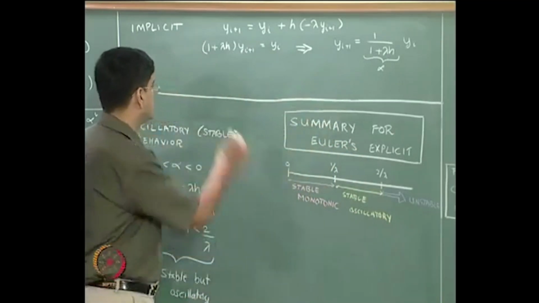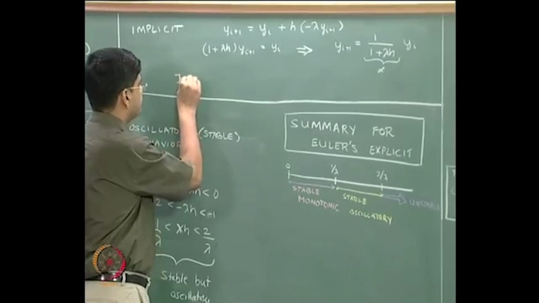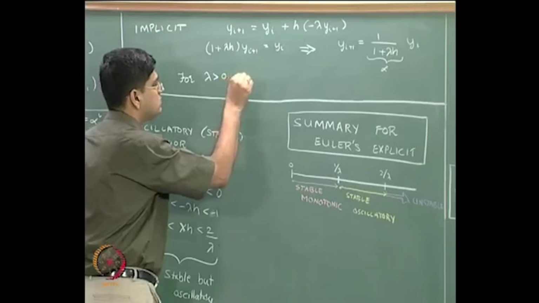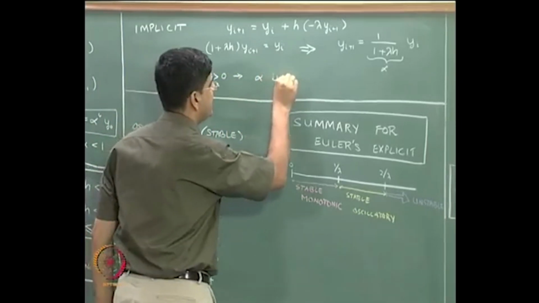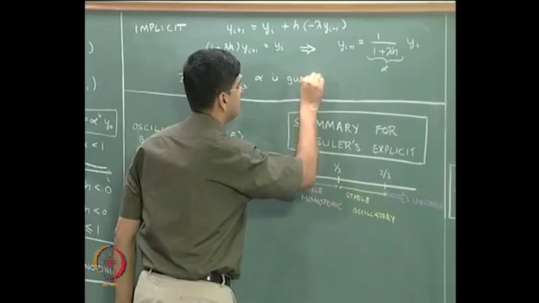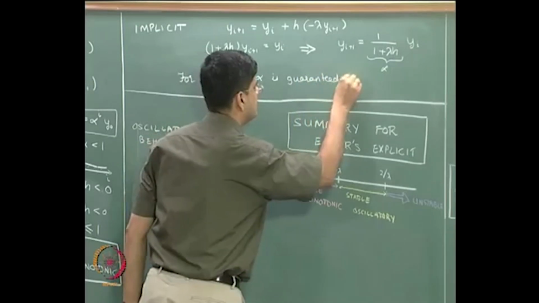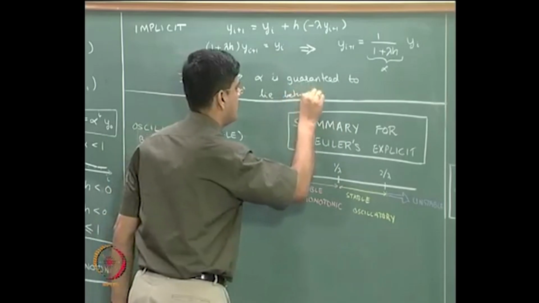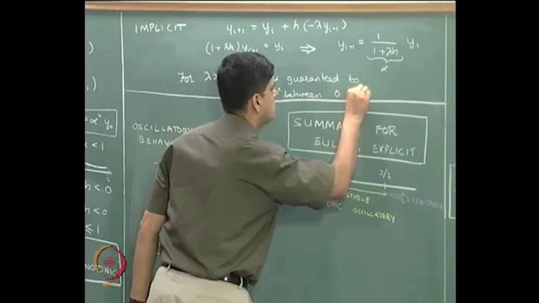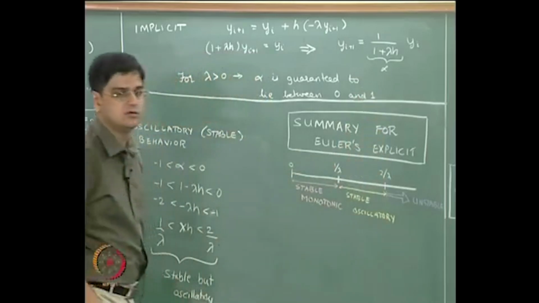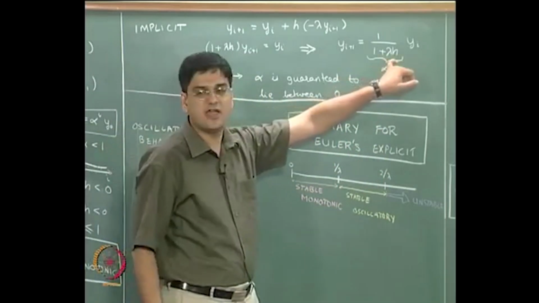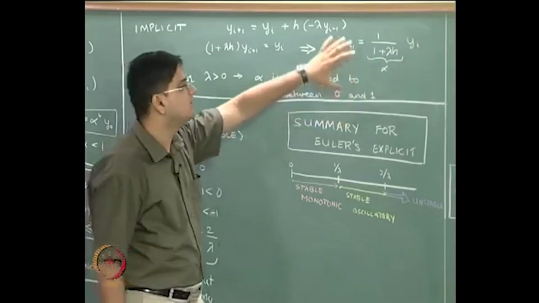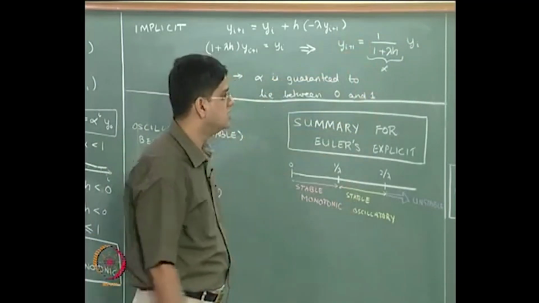In this particular case, for lambda greater than 0, alpha is guaranteed to lie between 0 and 1. Okay. No matter what value of h you choose, we know for sure that alpha will lie between 0 and 1.